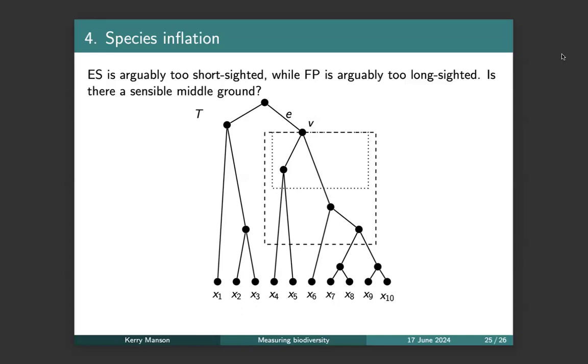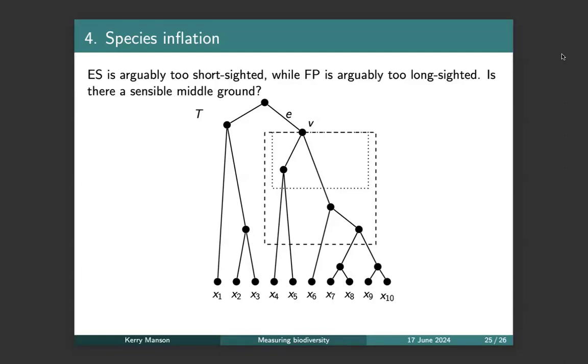And so fair proportion in some sense is very long-sighted. It looks at the entire tree below this point to make its allocation choices here. Whereas equal split is extremely short-sighted. It takes into account nothing of the information past the vertex. And so perhaps we can have some method that's in between these two. You take a particular window into the future that allows us to see what sort of speciation events were happening on either side of the tree below this particular edge, and then share out the value of E accordingly.